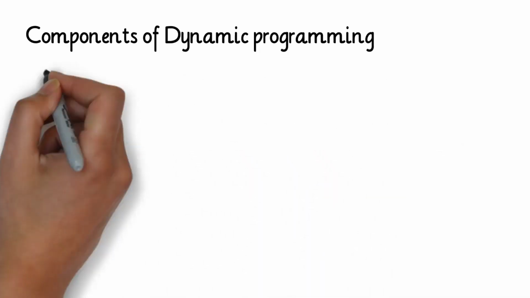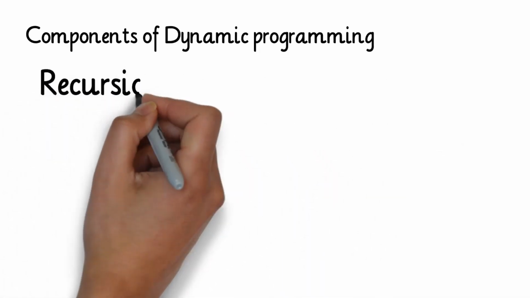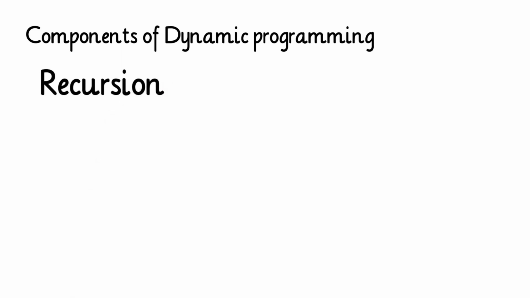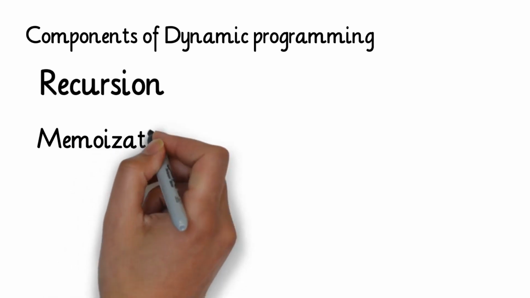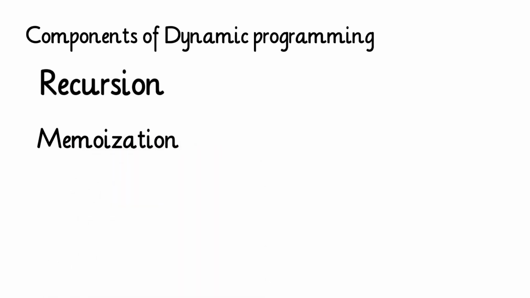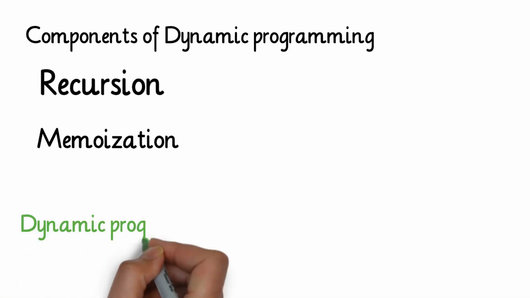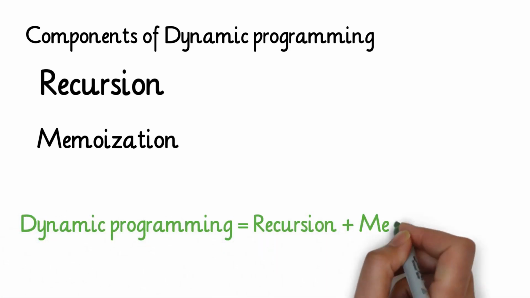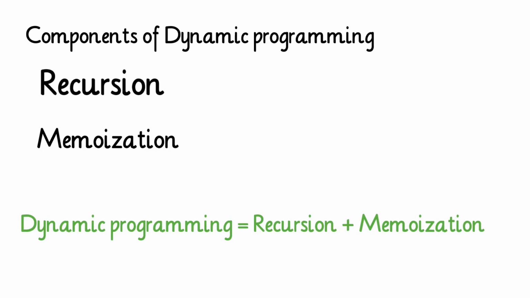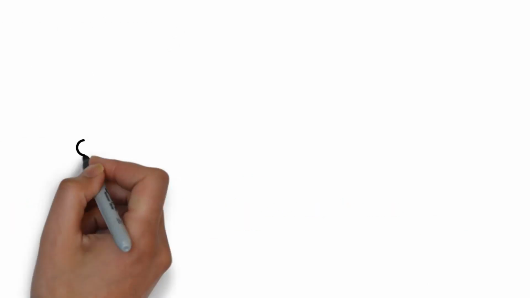The major components of dynamic programming are recursion, which is used to solve the subproblems recursively. Memoization, which is used to store already computed values in a table for caching purposes. Based on that, we can say dynamic programming equals recursion plus memoization.